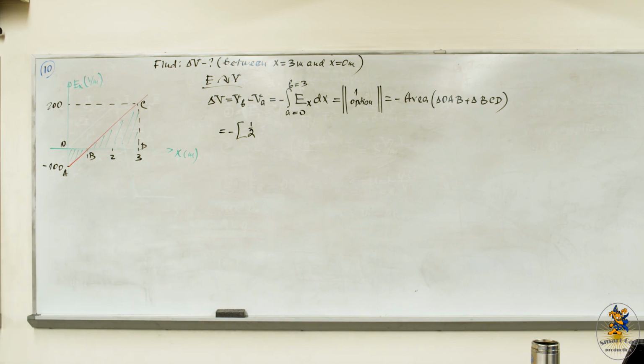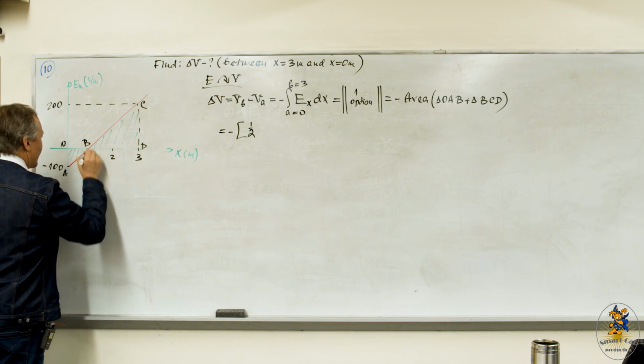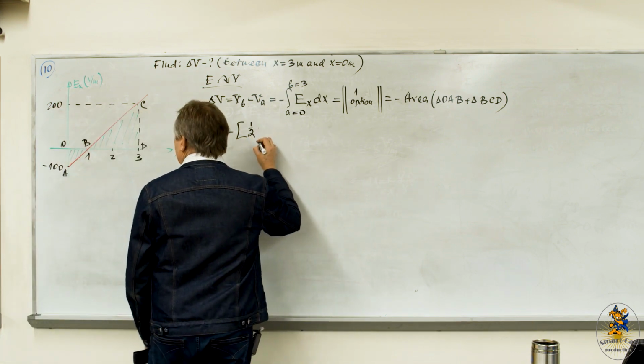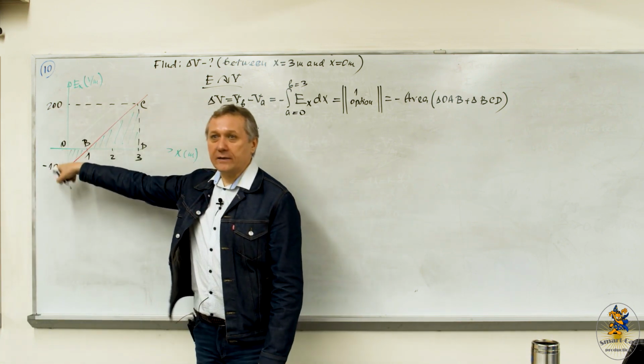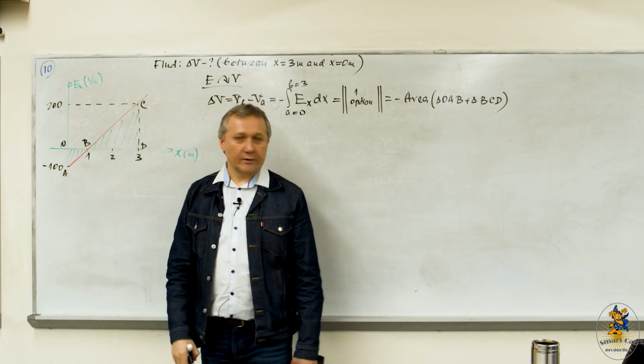Let me decouple them, because I even confused myself. The base is from point x equals 1 to point B. Of course, the height is negative, don't forget about that, so the area will be negative.